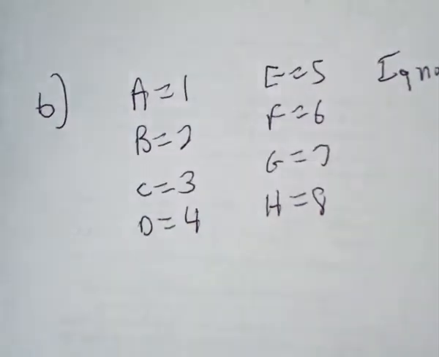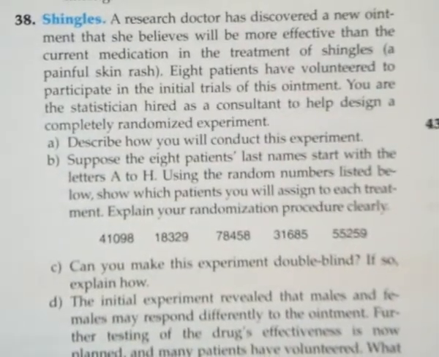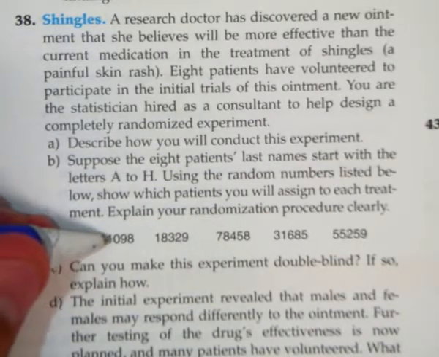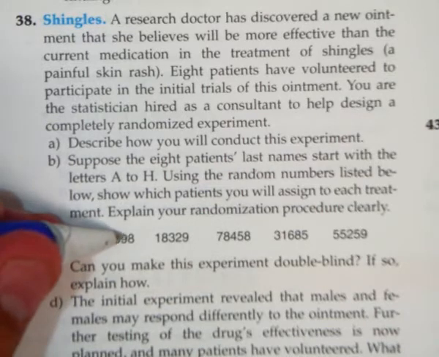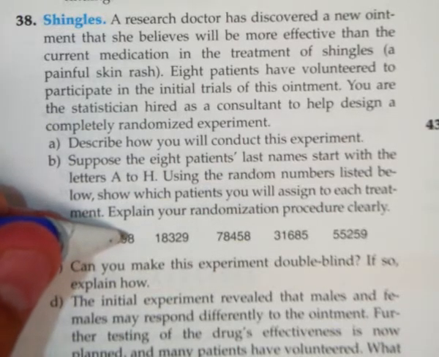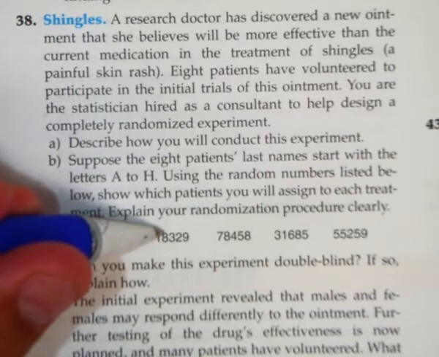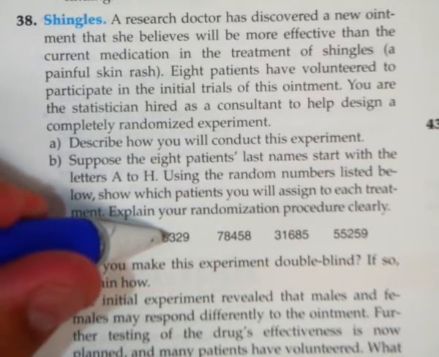And then I'm going to go to this. I have to assign the first 4, which was part of my experiment. So let's see. D goes to the new treatment. A goes to the new treatment. Ignore 0. Ignore 9. 8, which is H, goes to the new treatment. Ignore 1. Ignore 8. And then 3 is C.